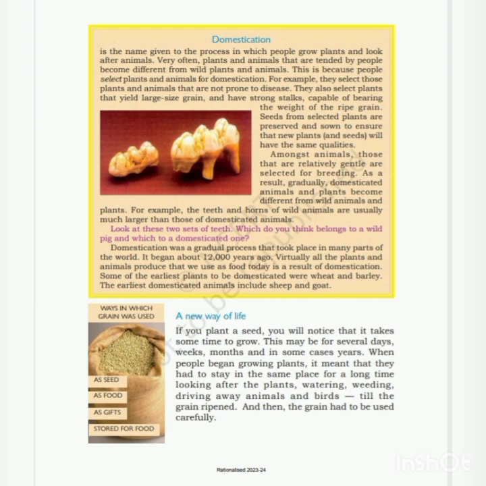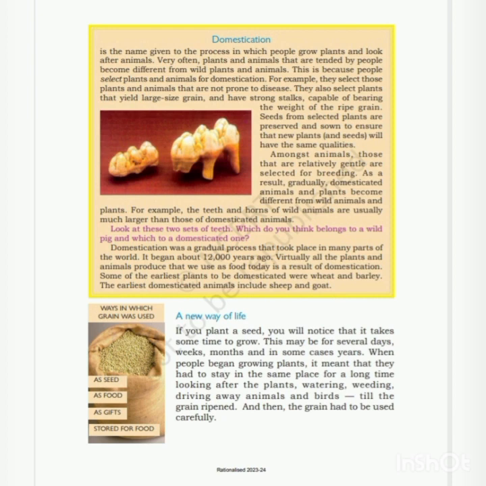They also select plants that yield large size grain and have strong stalk capable of bearing the weight of the ripe grain. Another example regarding the animal is the teeth and horns of the wild animal.